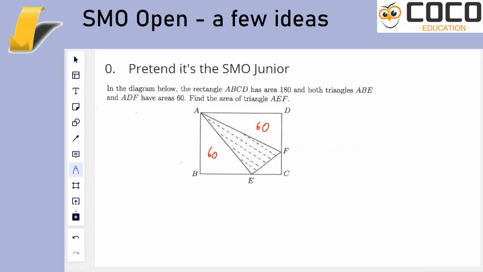That means that half the rectangle has an area of 90, and so ABE is 60, AEC is 30, AFC is 30, ADF is 60. So these sides are split in a 2:1 ratio. That's SMO junior stuff.